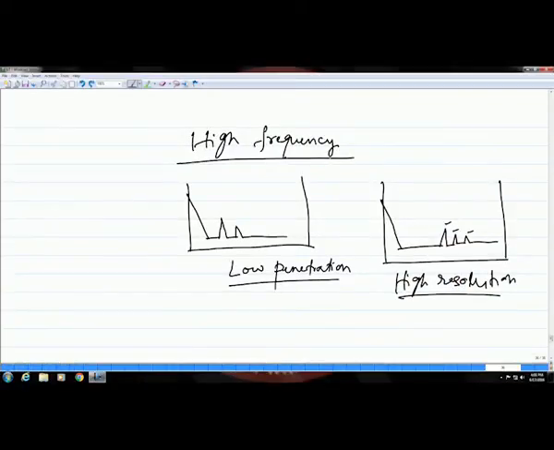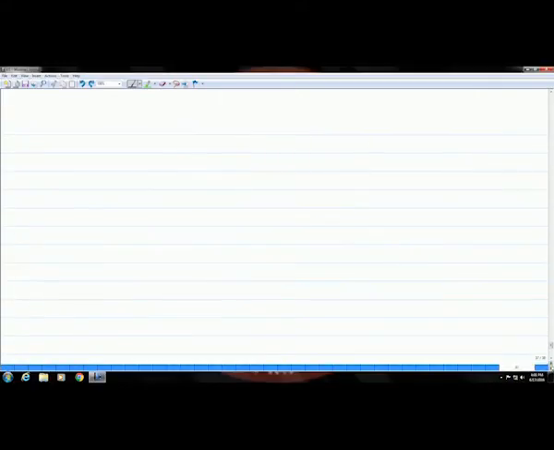So, when you talk about the defect signal or the detectability of a defect, then one parameter comes into picture which is known as signal to noise ratio.